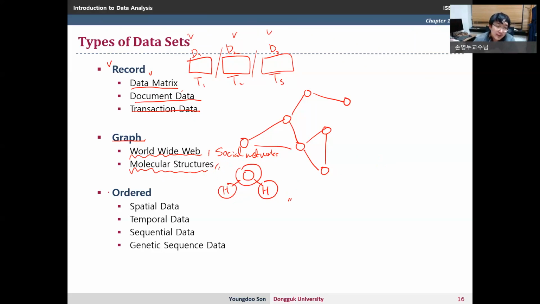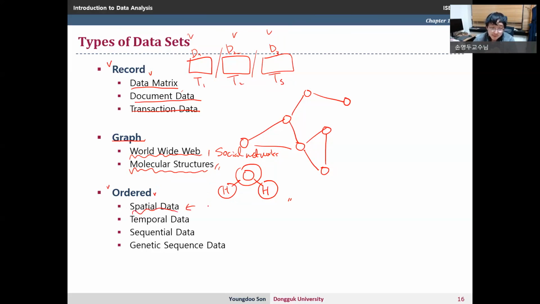And there are some other types of data sets, which are called ordered data sets. Here are several examples. Ordered data set means that each data has some relationships. For example, spatial data. Spatial data are related in a spatial manner.